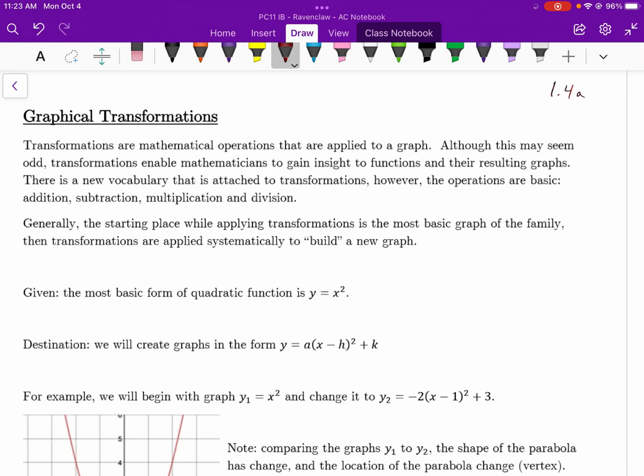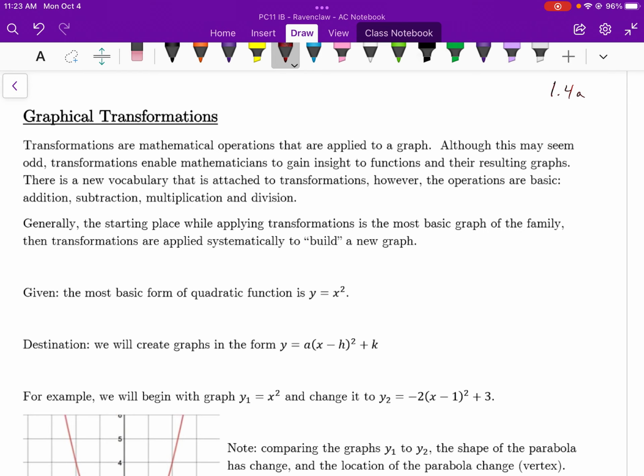The next topic of interest is going to be graphical transformations. Graphical transformations are mathematical operations that are applied to graphs. So although this is going to seem unnatural, what we're going to be doing is applying basic operations of multiplication, subtraction, and addition to a function in a very specific way.